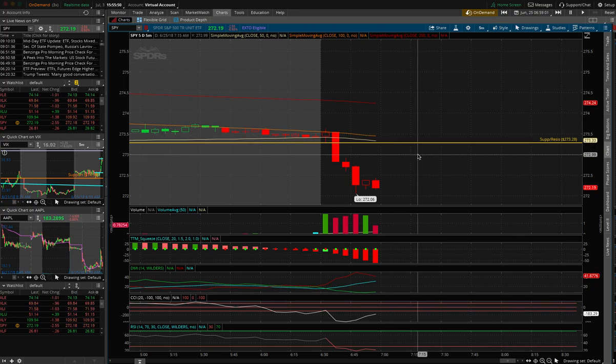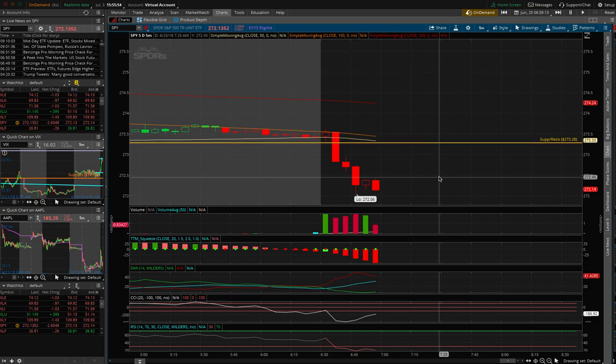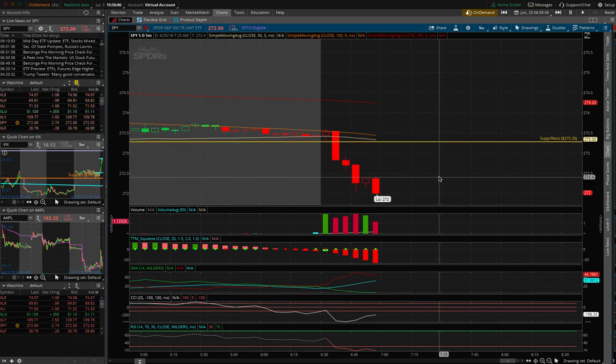So just because it broke this 273.28 doesn't necessarily mean it's going to 270 today, but our next major buy zone is 270, which is now $2 away.